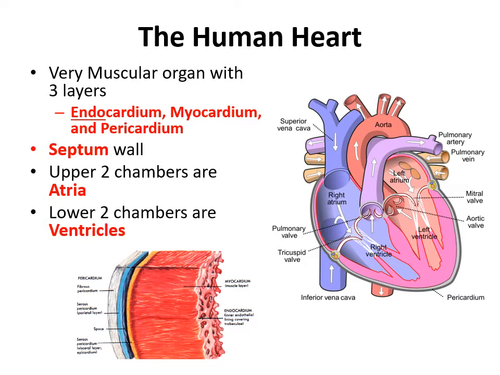So where do you think the left side of your heart is pumping blood? To your whole body, right? Out the aorta and to your whole body, including your tippy little toes. Whereas the right side of the heart, you don't feel that as much because that doesn't have to pump as far, right? Well, the right side of the heart is just pumping to your lungs.